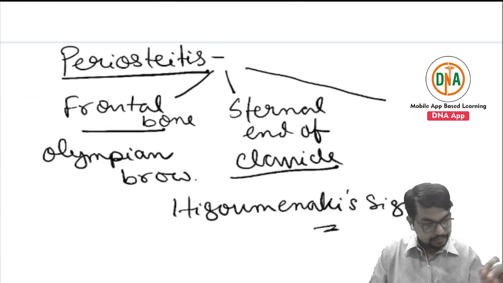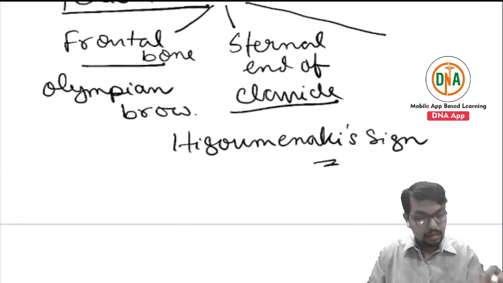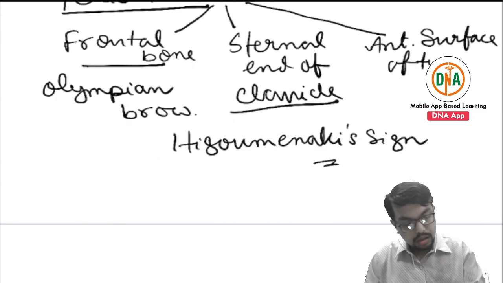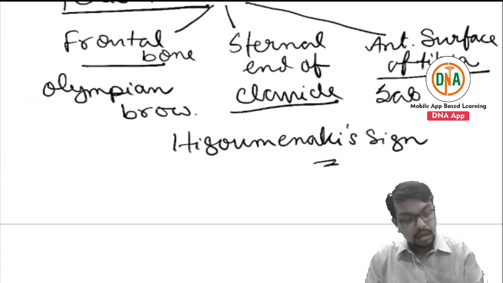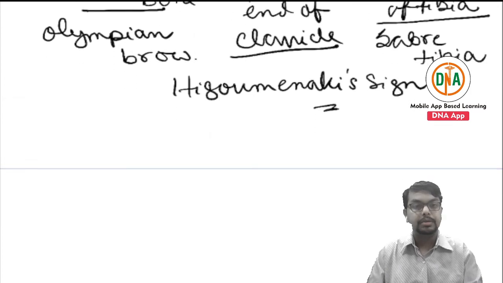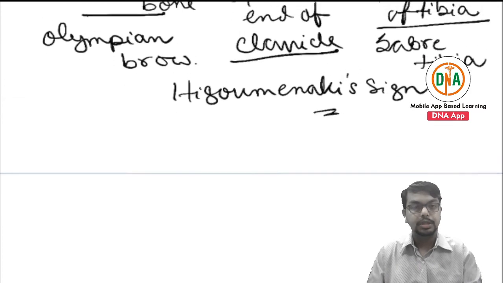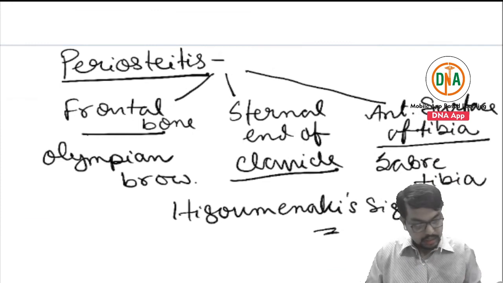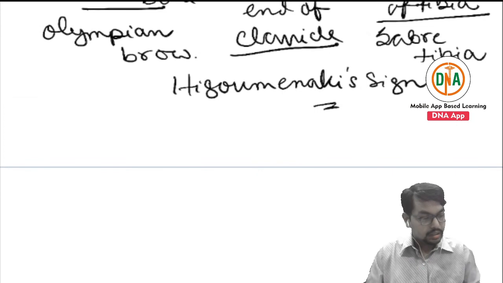Third, if it affects the anterior surface of tibia, then the name is saber tibia or saber shin. These are the important osteological changes.